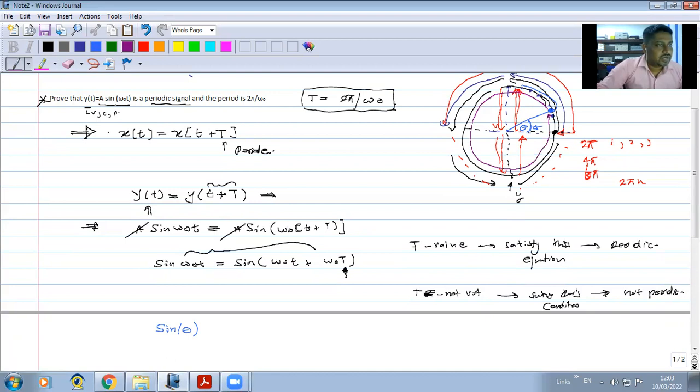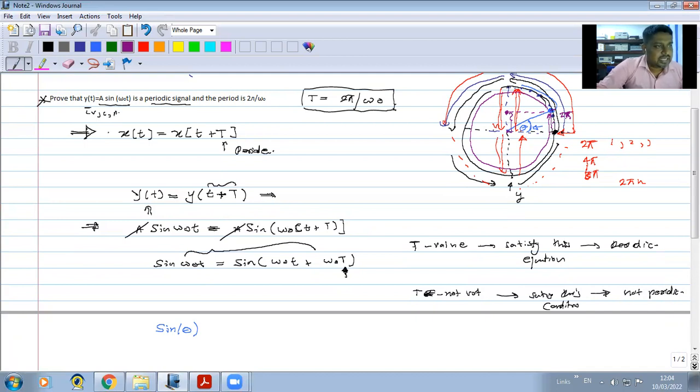It is 2π radians, 2π angle. So you can see that again we will get the same value. So sine theta is actually this direction, this distance, that is the sine theta. You already know that sine theta is this length divided by this length. That is the sine theta.